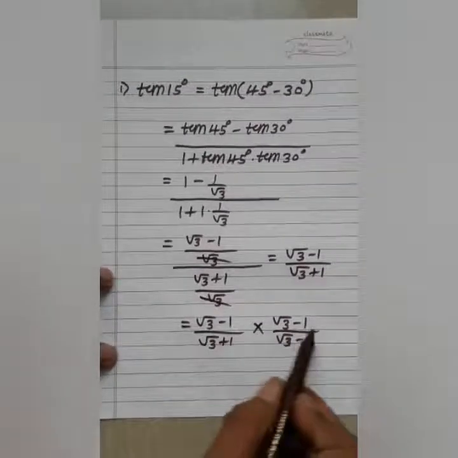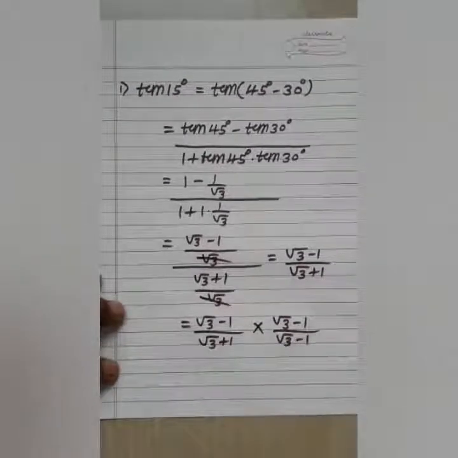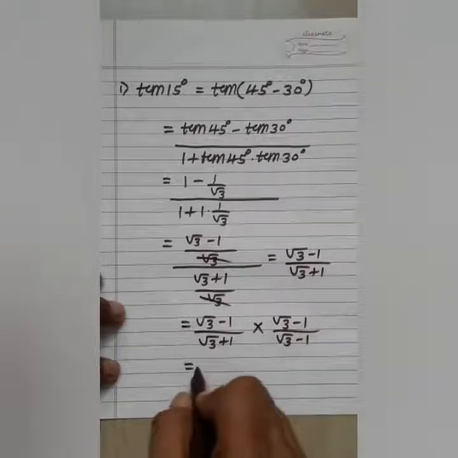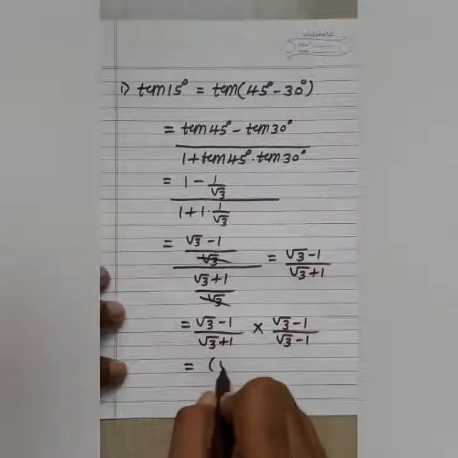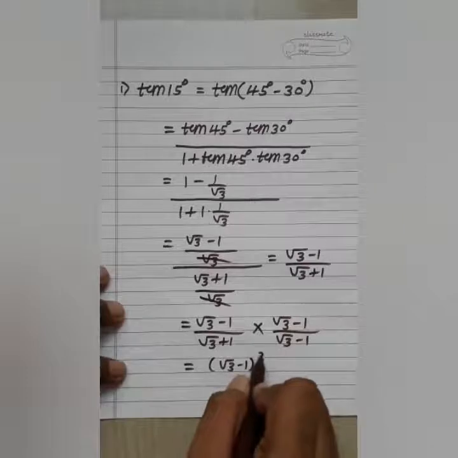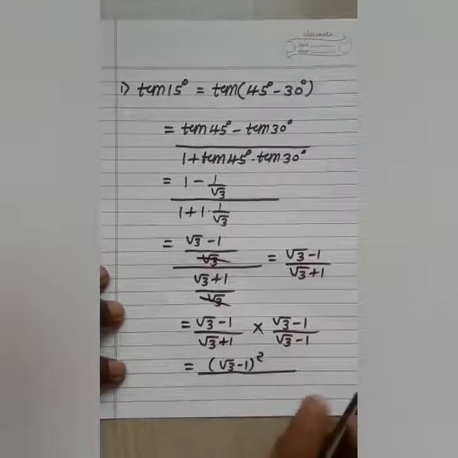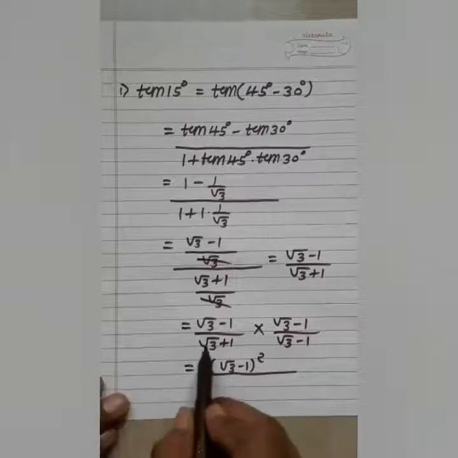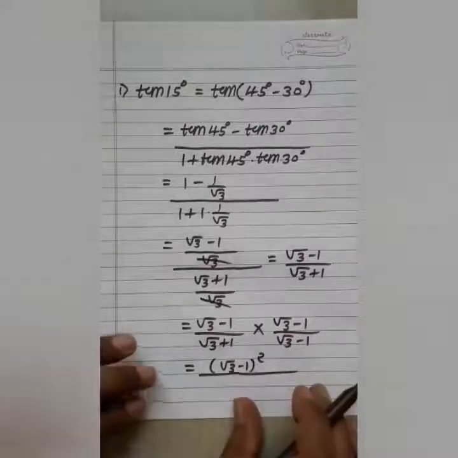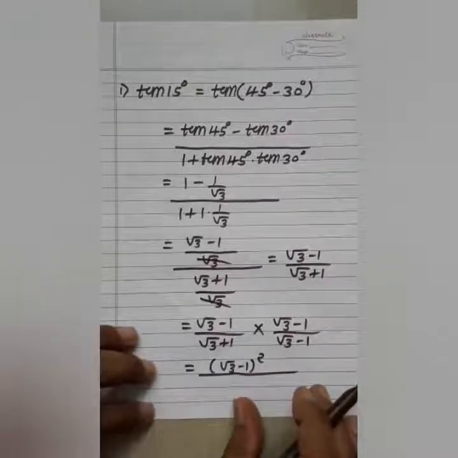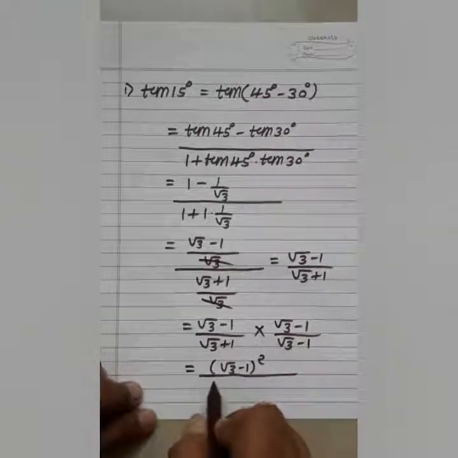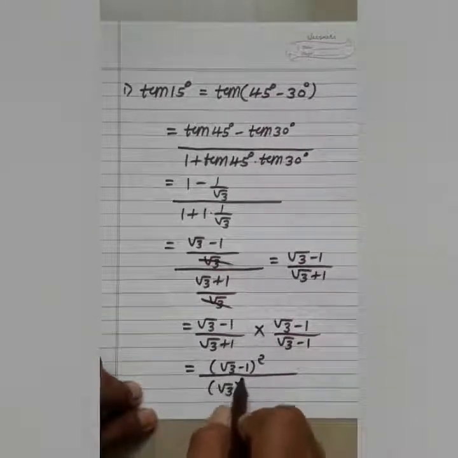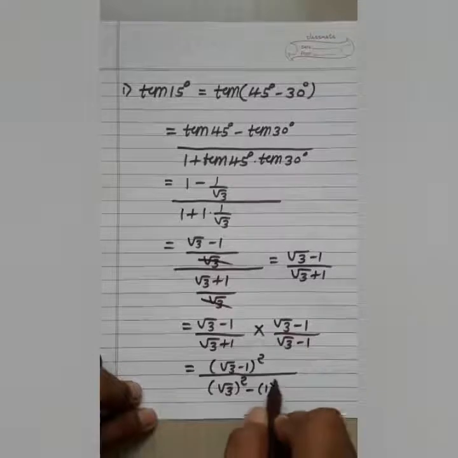Both numerator terms are the same, so we can write (root 3 minus 1) whole square, upon, in the denominator, (root 3 plus 1)(root 3 minus 1). Here apply the identity (a plus b)(a minus b), that means (root 3) whole square minus 1 whole square.